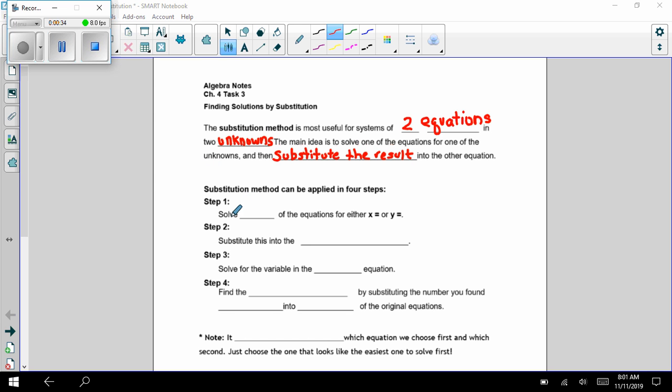So the substitution method can be applied in 4 steps. Step 1 is to solve one of the equations for either x or y, those unknowns. Step 2, we're going to substitute this into the other equation.